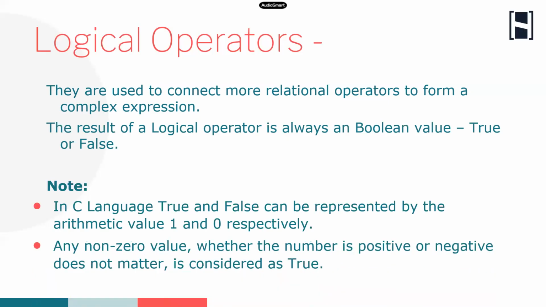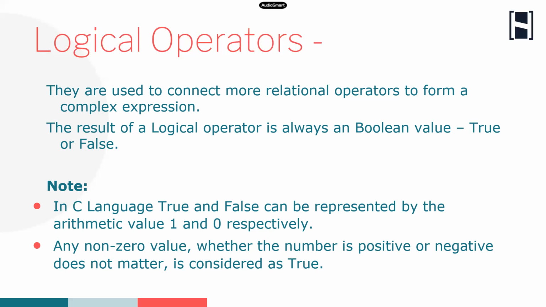So true is represented by the number 1 and false is represented by the number 0. So the result is always going to be either 1 or 0. Another important point is that any non-zero value, whether an integer number, a floating point number, a positive number, or a negative number, as long as it is not zero, is always treated as true.